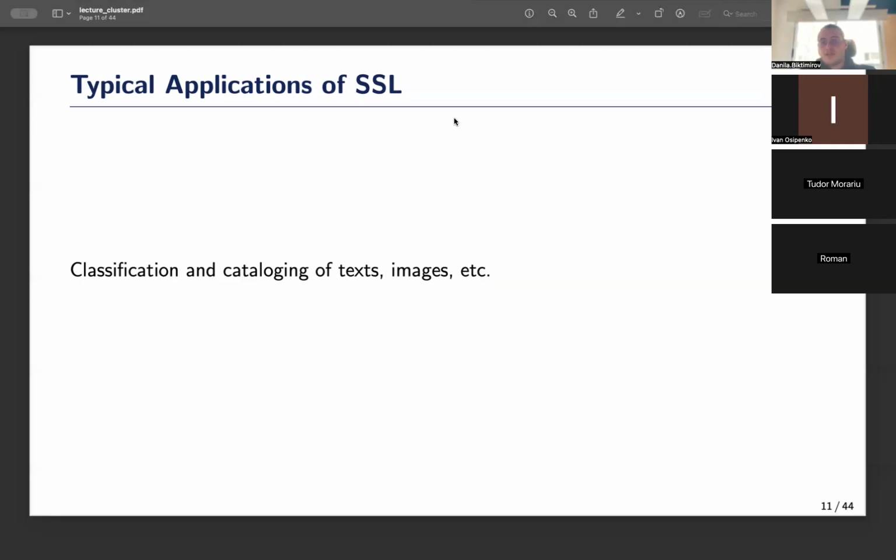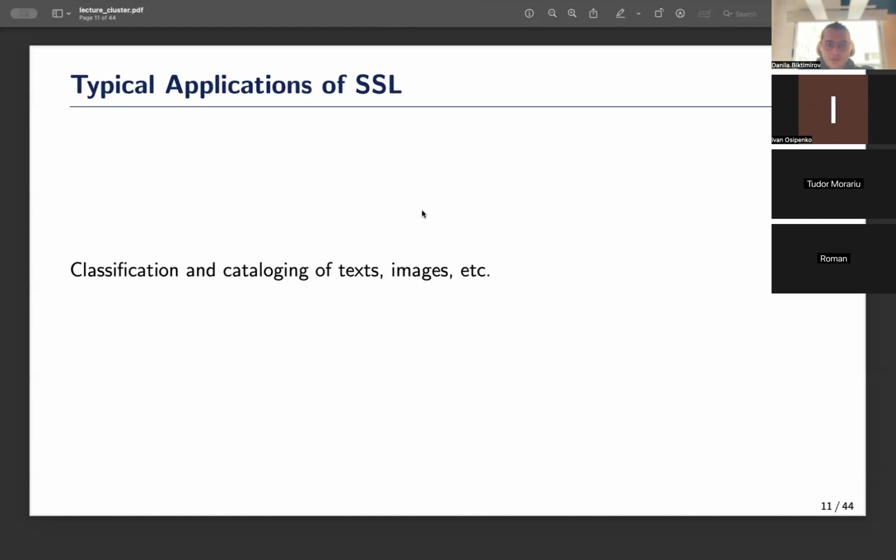Fraud detection benefits from SSL by identifying suspicious transactions with a few labeled fraud cases. Many social media moderation systems use SSL to detect harmful content with limited human-annotated posts.